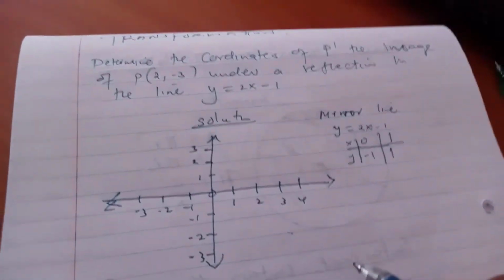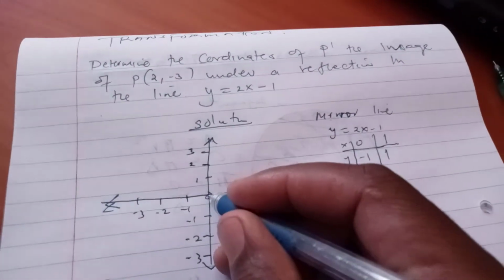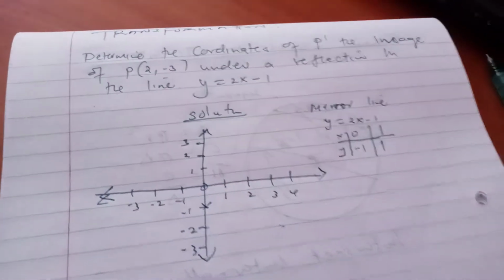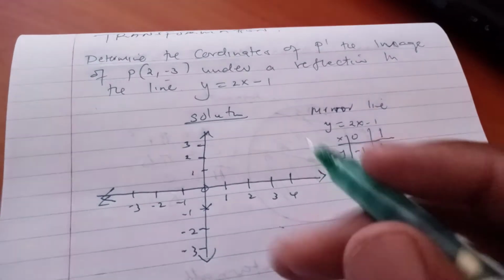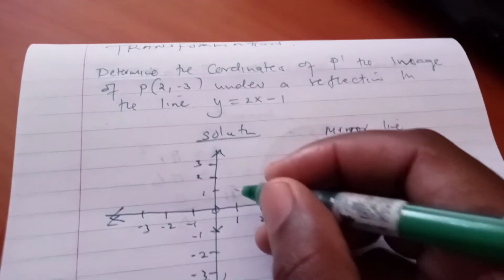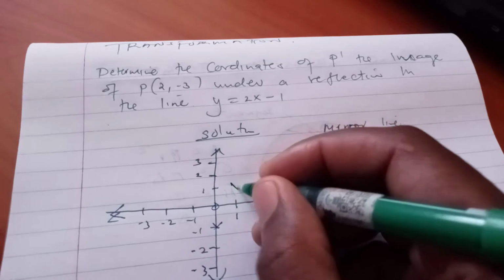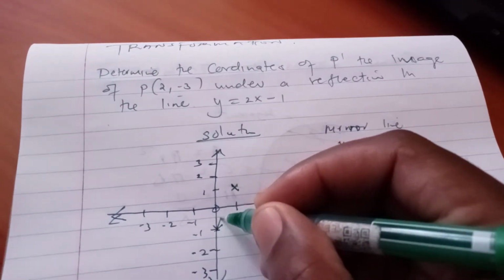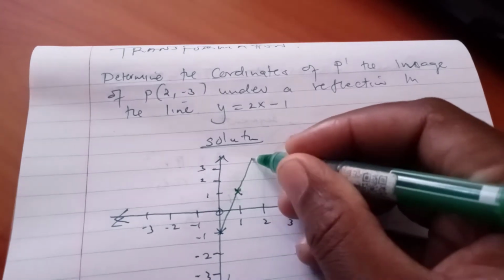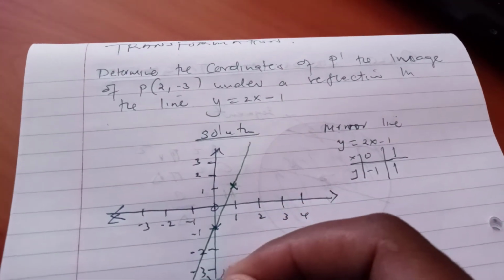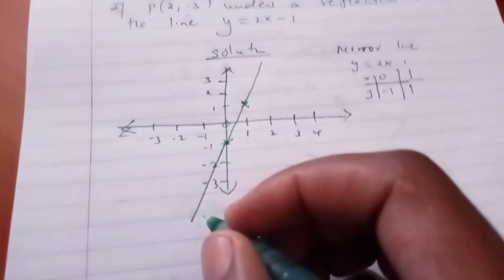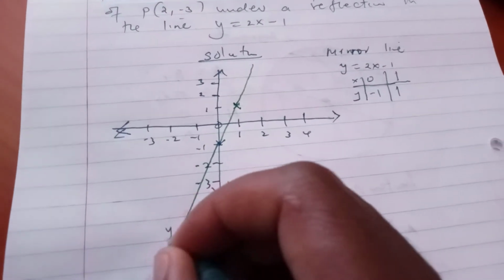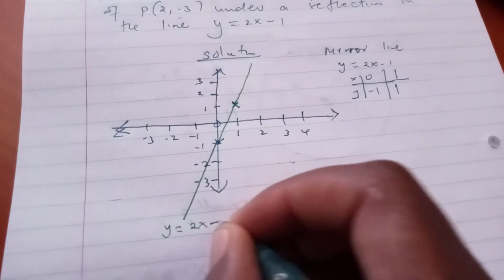If you plot our line, when x is 0, y is -1 at that point. When x is 1, y is 1, so a point somewhere here. So my line is this. That's my mirror line, y = 2x - 1.